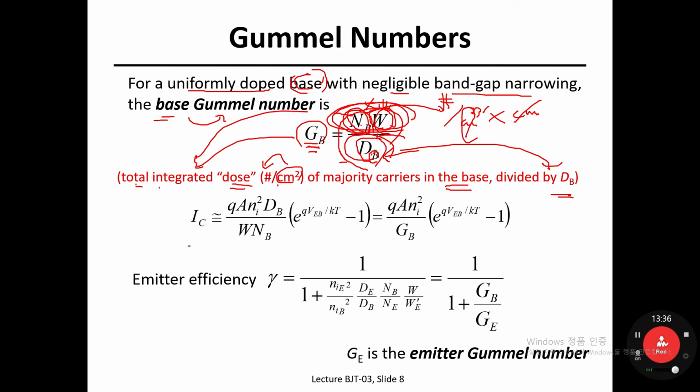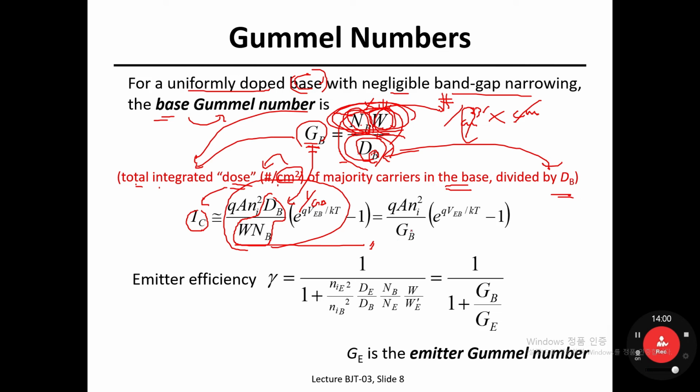So previously, when we were deriving the Ebers-Moll model for BJT, the output current I sub C has been written with this equation. So here you can see the Gummel number in base, divided by W times NB. Okay, so the inverse, 1 over G sub B, can be found in this equation for your output current.